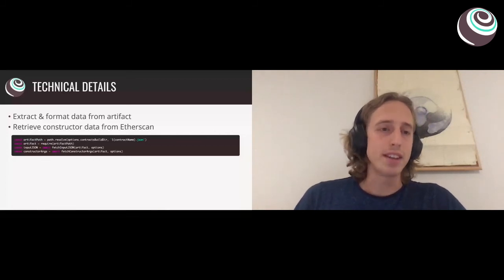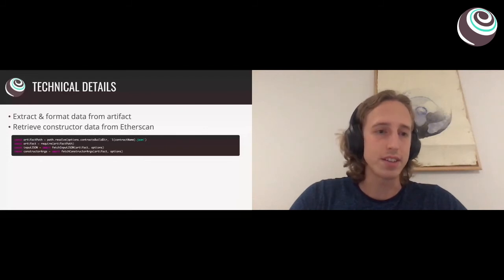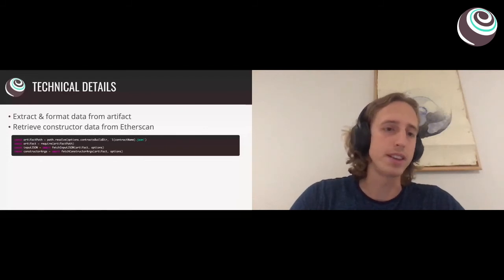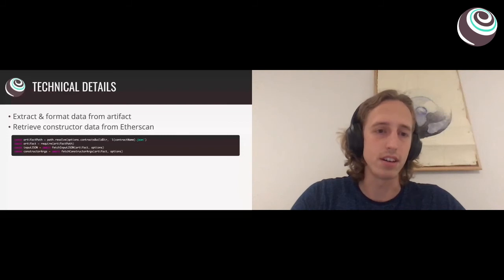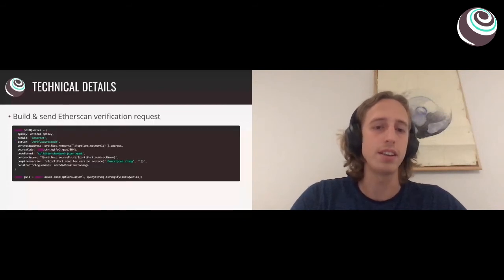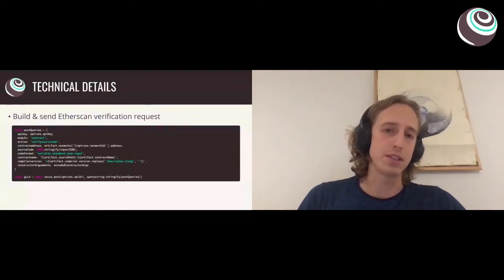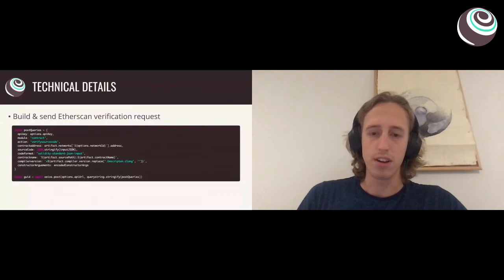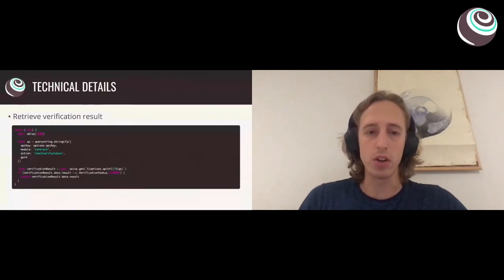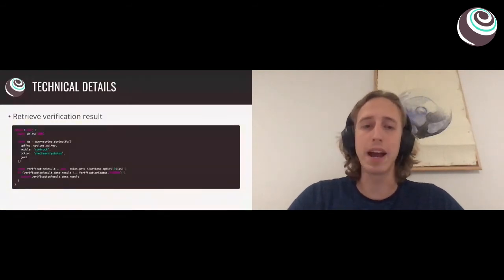So once we have that data, we build a request to Etherscan, where we provide things like the API key and the input JSON and some extra data that Etherscan needs. And we send the whole verification request off to Etherscan. That usually takes a while, and you have to check back yourself.